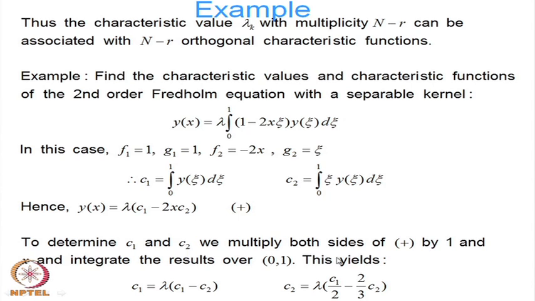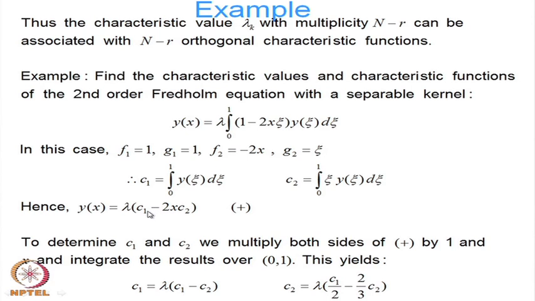If we do it with 1, we get this equation, and if we do it with x and integrate over 0 to 1, we get that equation, right. You can see this x square term, after integration, is going to give me x cube, so there you have that 3 here, and C1 x, if you integrate between 0 and 1, I will get a half here.